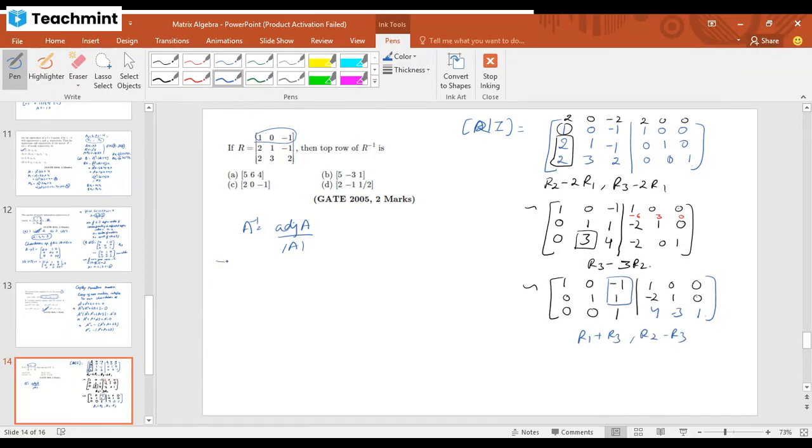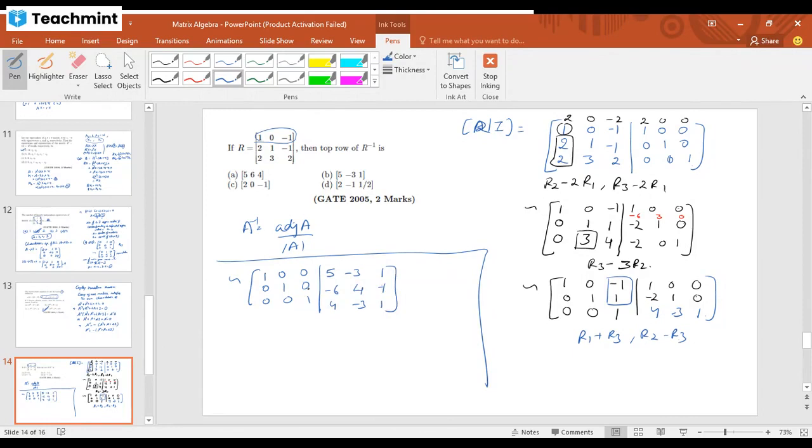If we apply this operation, then we get here 1 0 0, 0 1 0, 0 0 1, and this side R1 plus R3, 1 plus 4 is 5, minus 3 and 1. R2 minus R3, minus 2 minus 4 is minus 6, 1 plus 3 is 4, minus 1, and this is 4, minus 3 and 1.